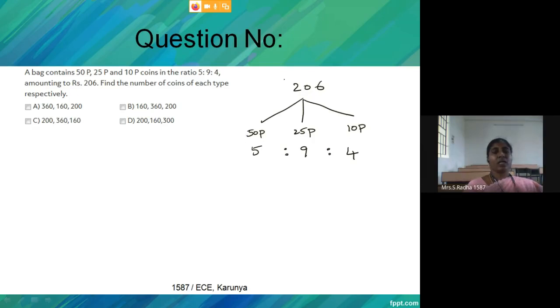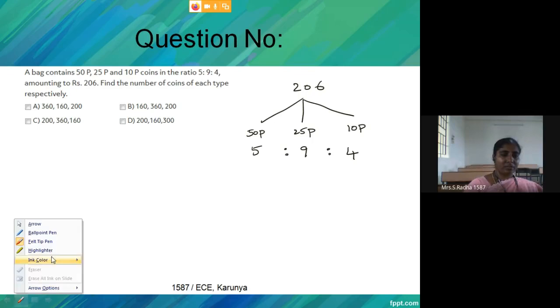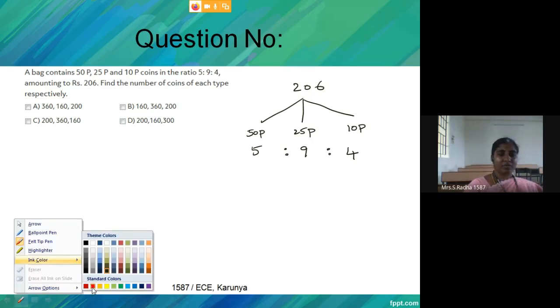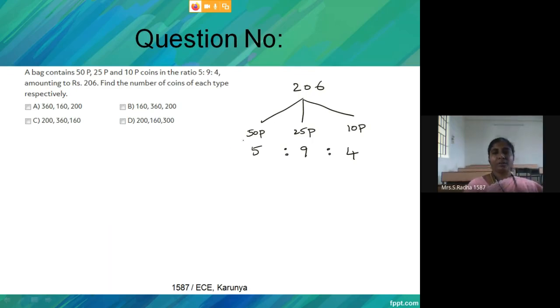So the total amount will be 206. First of all, let us take the ratio as it is. I will complete this problem. If you multiply 5 into 50, it becomes 2 rupees 50 paisa. 25 into 9, it will become 2 rupees 25 paisa. 10 into 4, it will become 40 paisa.